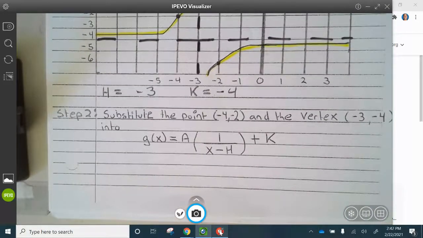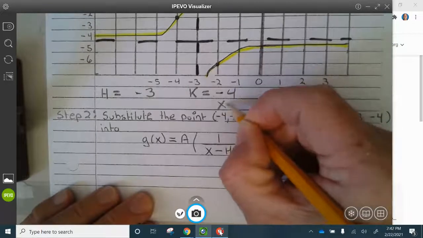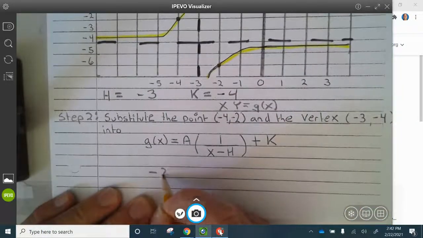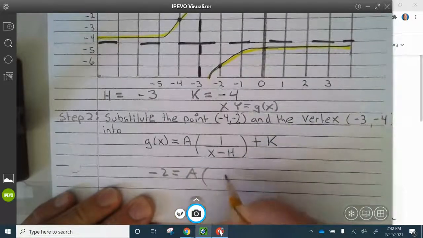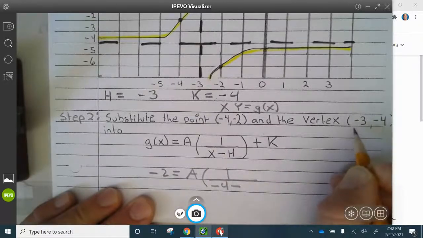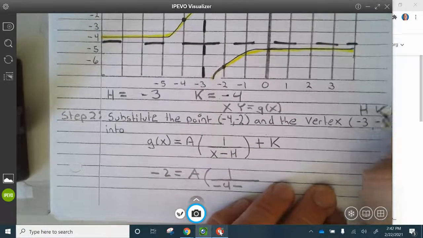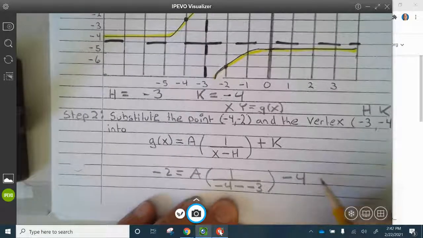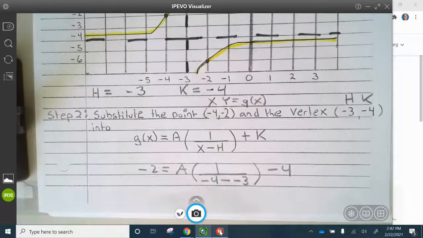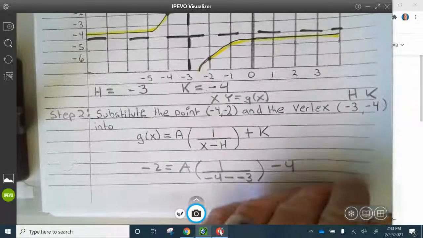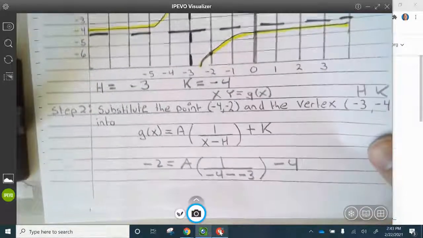All right, let's move on to step 3. Solve for a when -2 equals a parentheses 1 divided by -4 plus 3 minus 4. And you're probably wondering, well, what happened with this plus 3? Well, when you subtract a negative, that becomes positive. Okay?